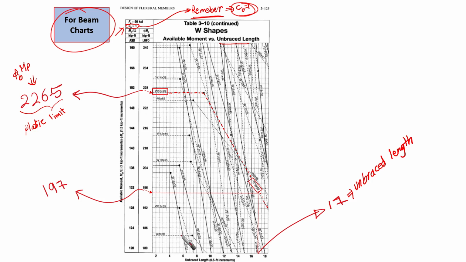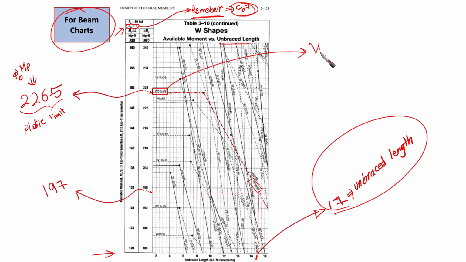Then you check the horizontal axis, which is unbraced length, until you find, yes, here 17. So 17 is the unbraced length that we have. Go up until you touch this dashed line, which is our shape. Our shape is wide flange 10 by 49. This is the shape that we are having.